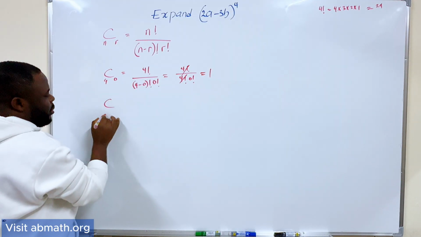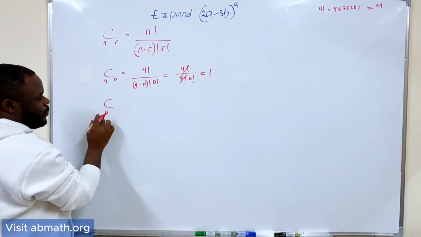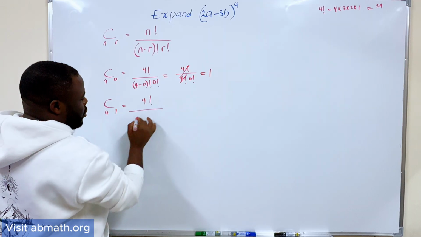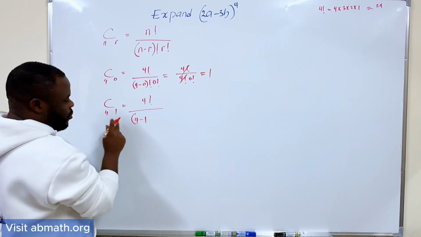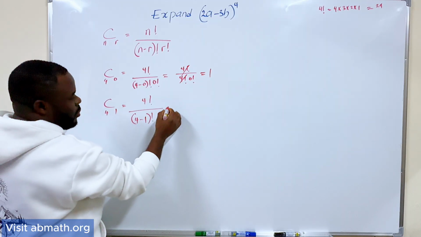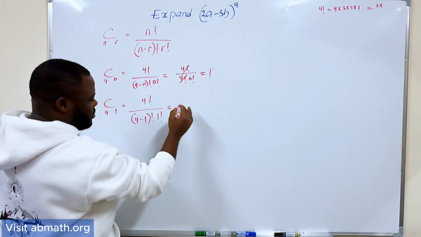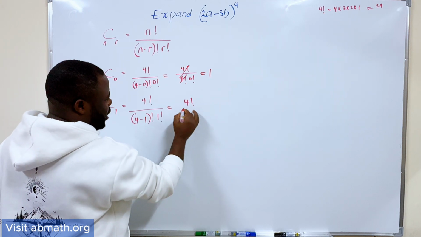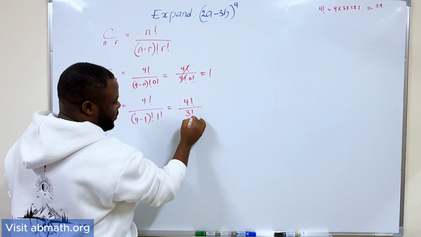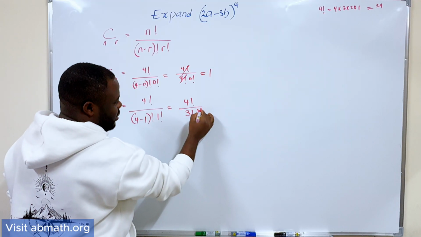Then let's go to the second coefficient. We have combination 4 1, and we now have 4 factorial over 4 minus 1 factorial, multiplied by 1 factorial. So this is 4 factorial over 3 factorial, then multiplied by 1 factorial.